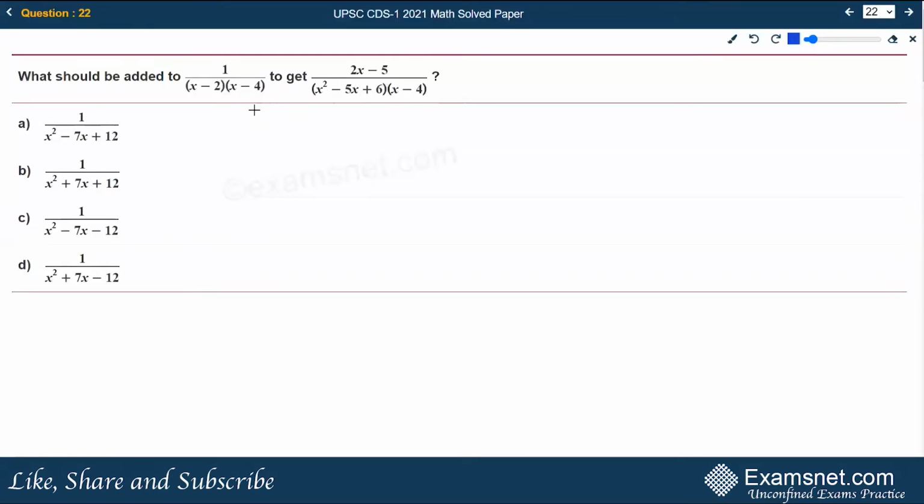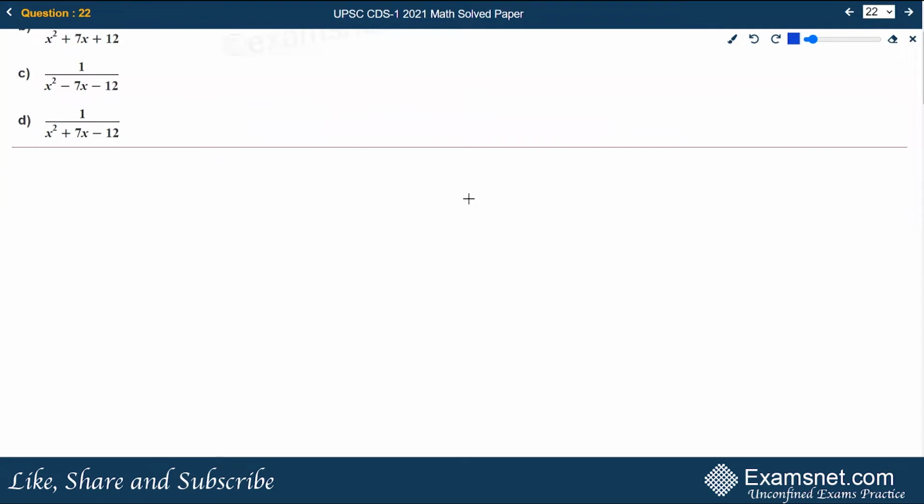In question number 22, we are given: what should be added to 1 by (x minus 2)(x minus 4) to get (2x minus 5) by (x square minus 5x plus 6)(x minus 4)? Now let's compare this question with: what should be added to 3 to get 5? What do you need to do? 5 minus 3, 2, right?